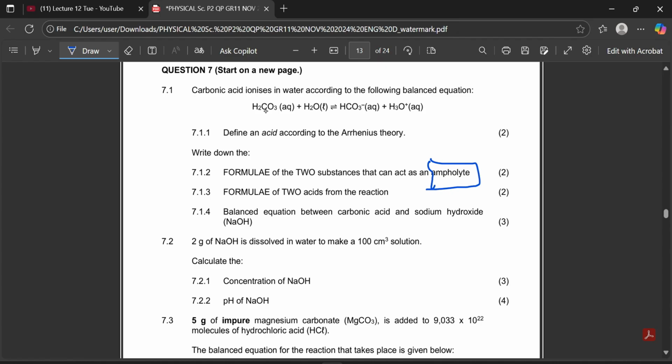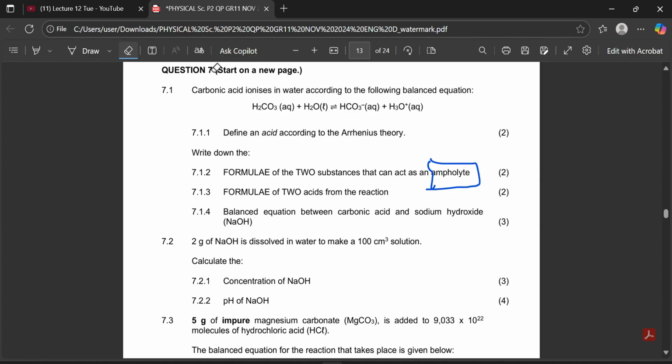Notice something. There is no such thing as H3CO3 plus. This type of ion does not exist. I have never seen something like this, and I know you obviously have never seen something like this either. But we do know about the existence of this guy, right? My carbonic acid can donate a proton to the water molecule.